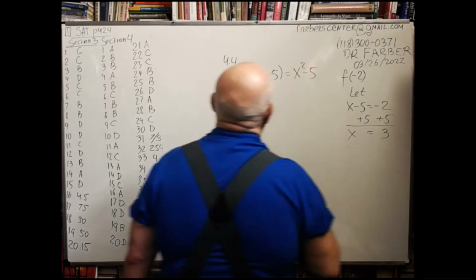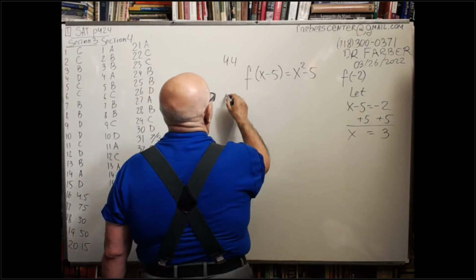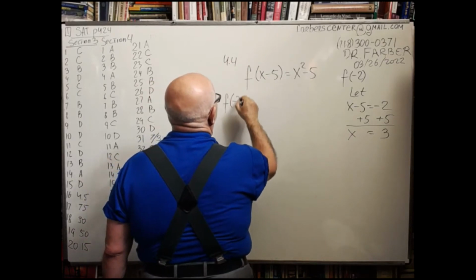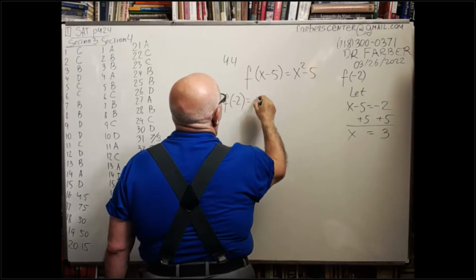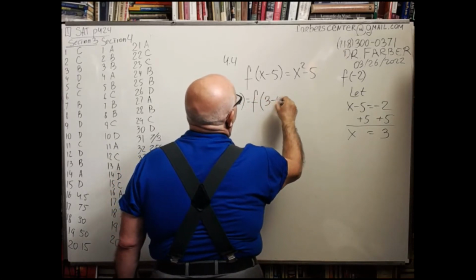So f of -2 is the same as f of 3 minus 5.